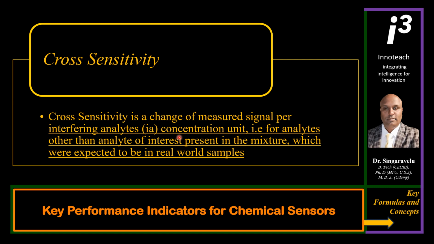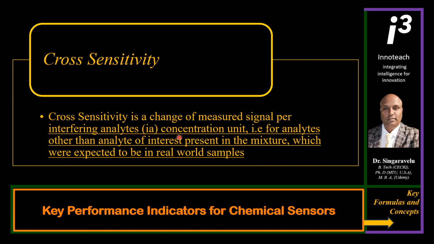So in that case, when we expose our sensor to that system, it is going to interact with not just one analyte, but the analyte mixture that is present in the sample. And we are interested in only one out of several. So in that case, our sensor should ideally be responding to our analyte of interest, but not to the others that were present in the mixture.